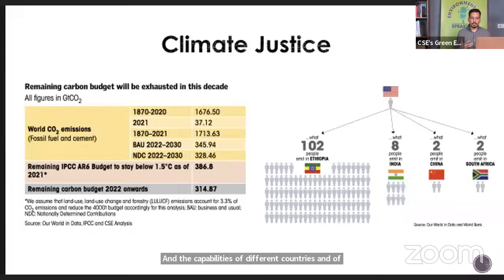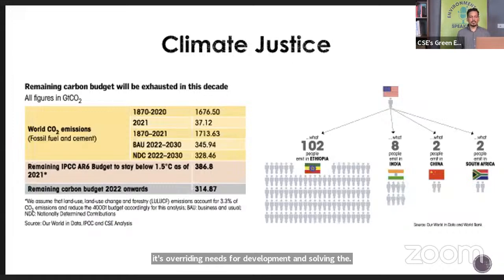For example, on equity, India argues for fair access to emission space, considering its low per capita emissions and its overriding needs for development and solving the problem of poverty.